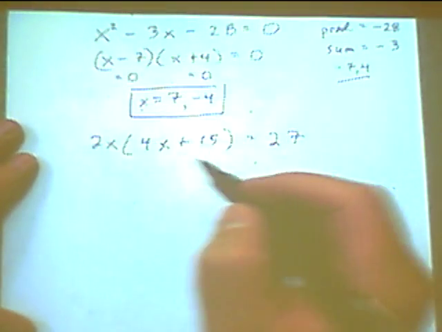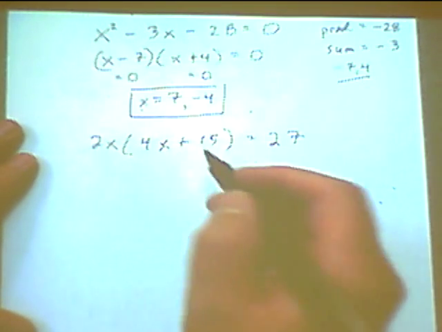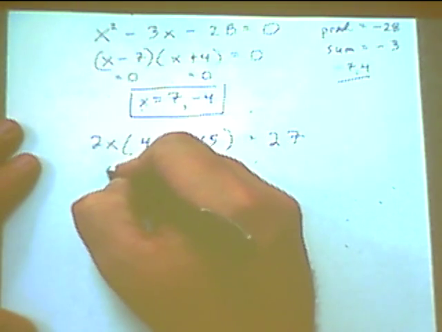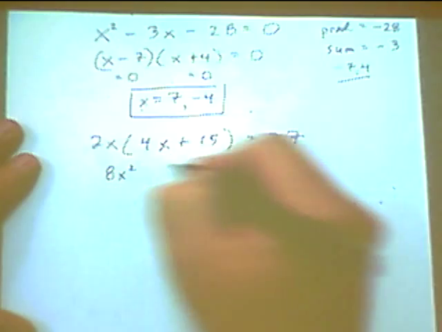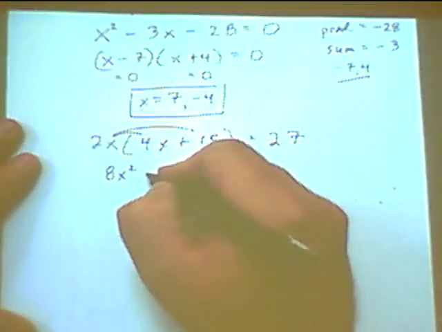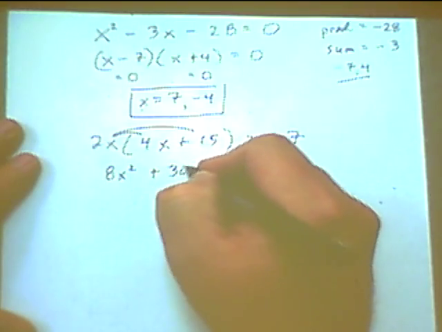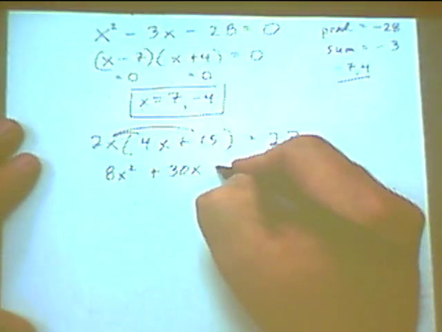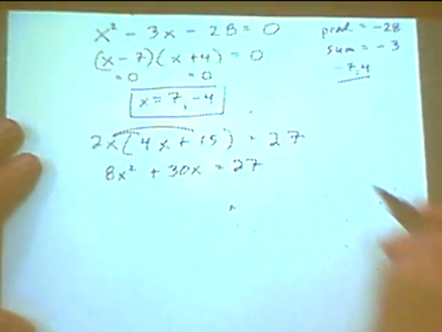So I have to use the distributive property and multiply the 2x by 4x, which is 8x squared, and then the 2x times 15, plus 30x equals 27.